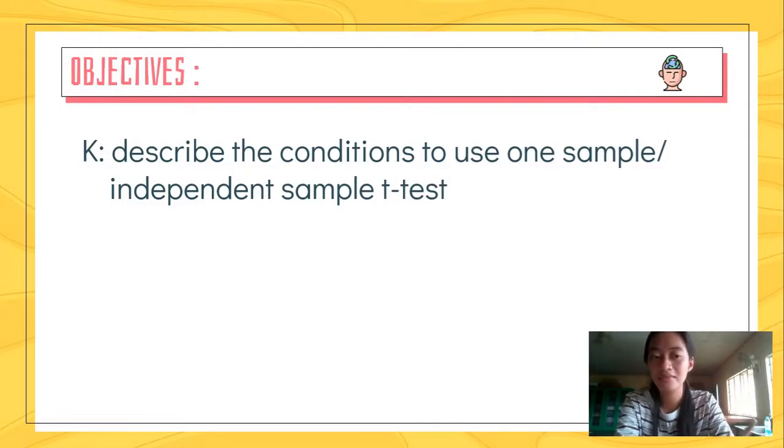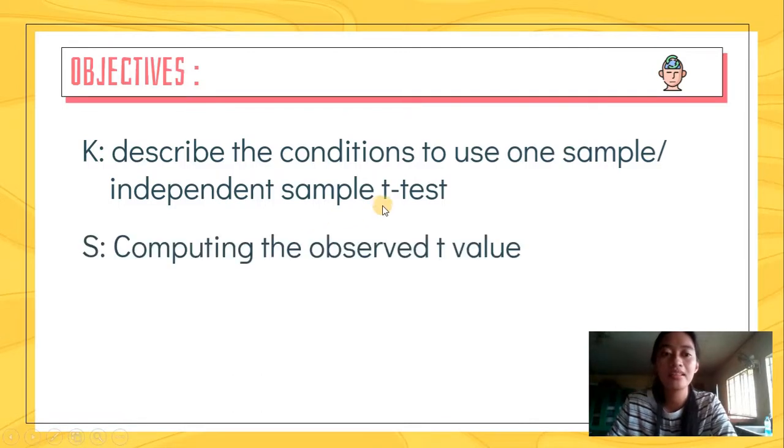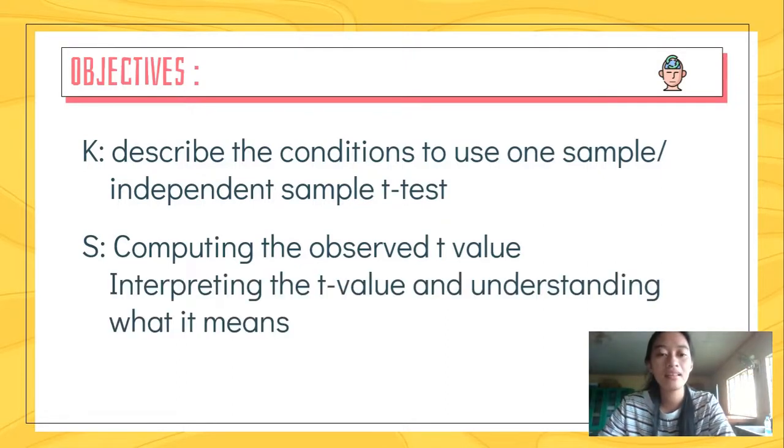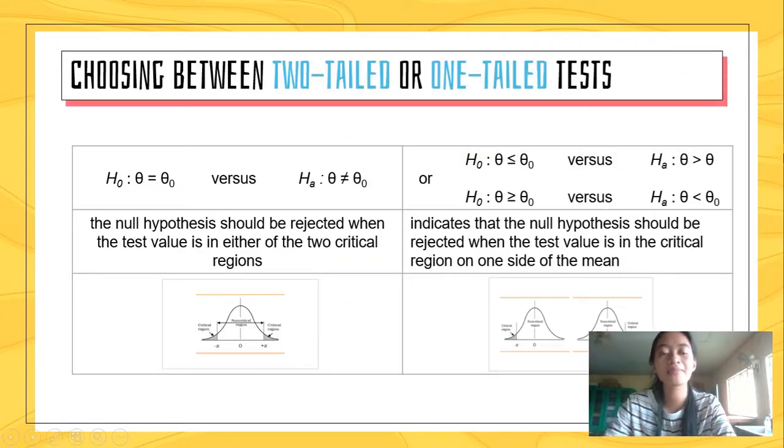For this video, we will be describing the conditions on when to use the test called the independent sample t-test, computing the observed t-value, and then interpreting that t-value and understanding what it means.